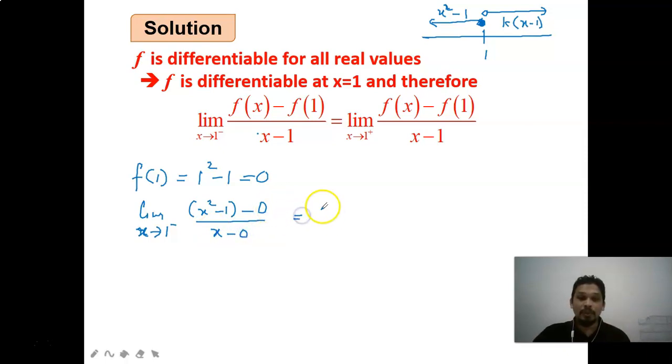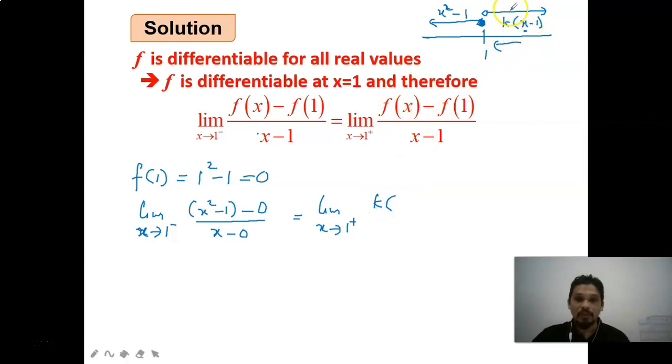Equal to the limit of x approaching 1 from the right here. Just imagine that if I substitute x with 1, 1 minus 1 equal to 0. 0 multiplied by k is still 0. So for this one here now, it is k for f(x).